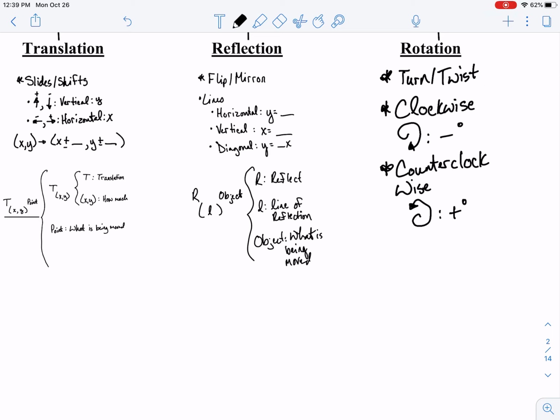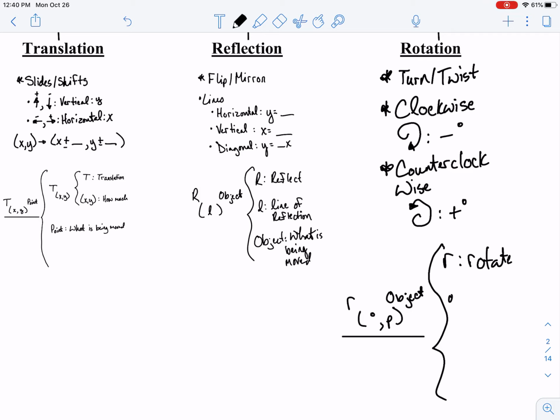The notation would be rotate, a degree amount, P, then object, where lowercase r means rotate.